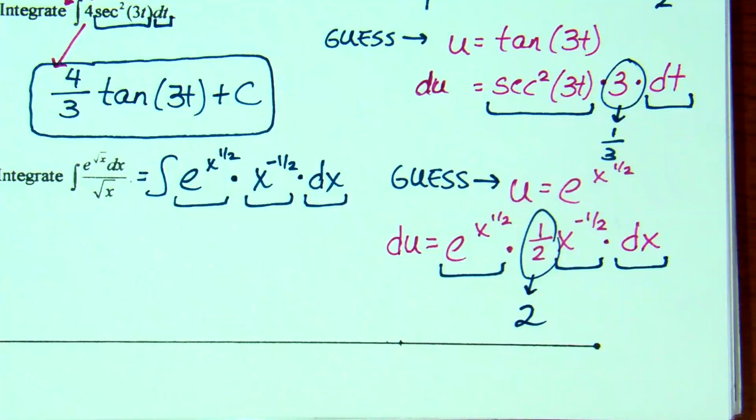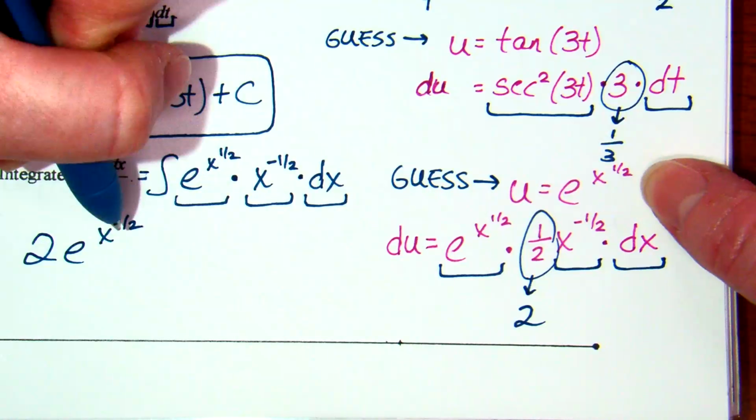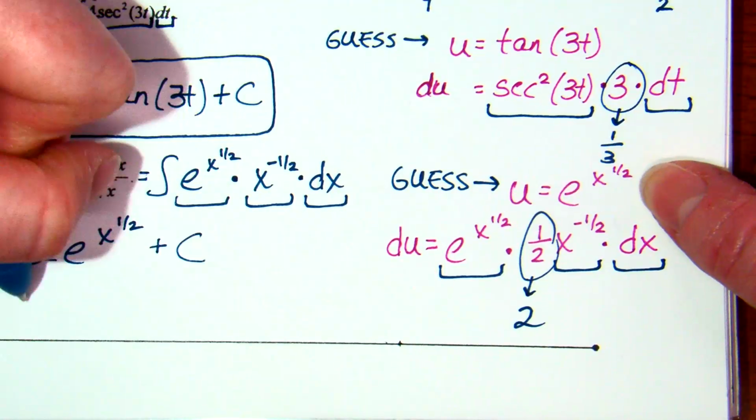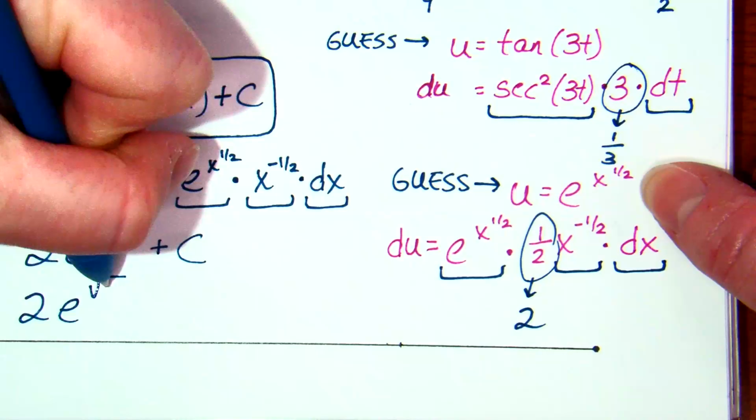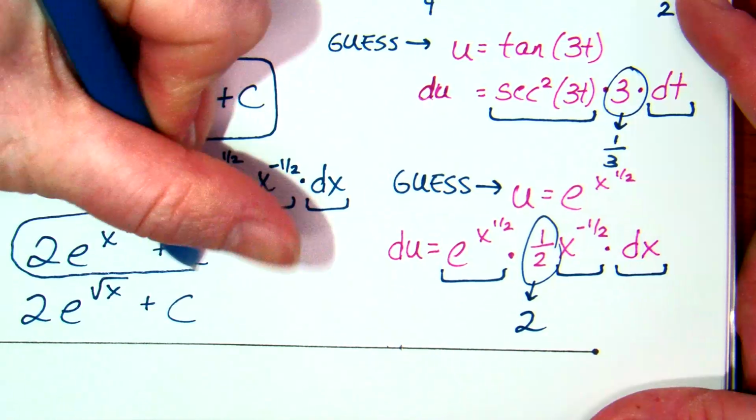Final answer? 2e to the x to the 1/2 plus c. Or if you want, you could say 2e to the square root of x plus c. I'm fine with either.